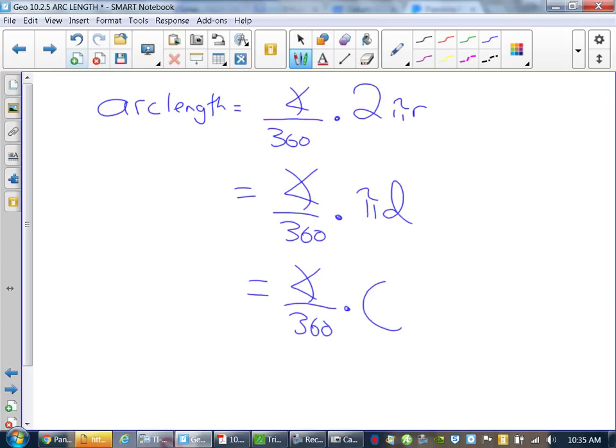All 3 of those mean the exact same thing, except that you're changing what 2 pi r stands for.